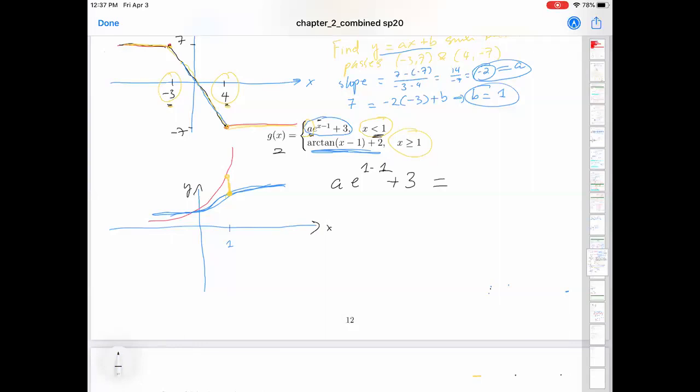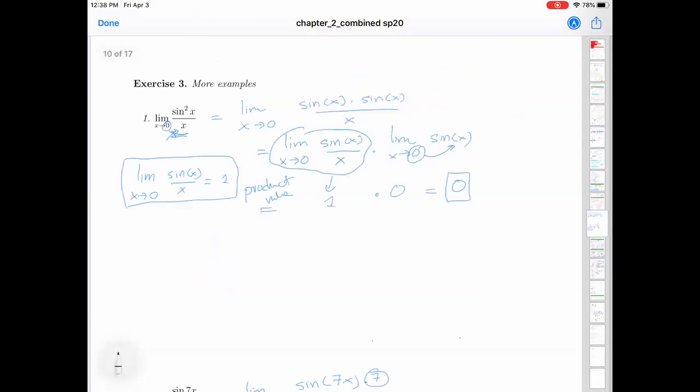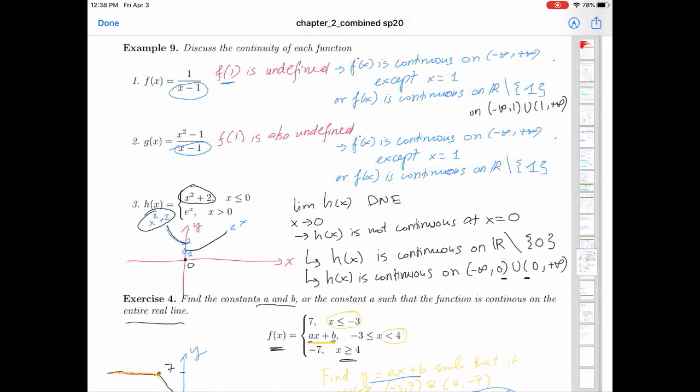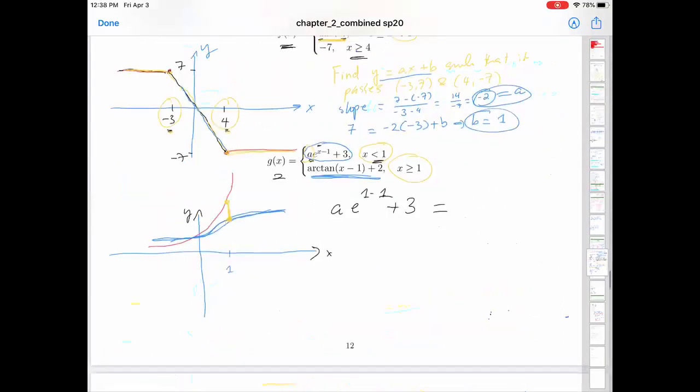And if you want the red graph to meet the blue graph at the point x equals 1, you also plug x equals 1 into the second graph, arctan of 1 minus 1 plus 2. Here 1 minus 1 is 0, and e to the 0 is 1. So on the left side, you have a plus 3. On the right side, arctan of 0 should be 0, plus 2. So you can solve for a, which is negative 1.